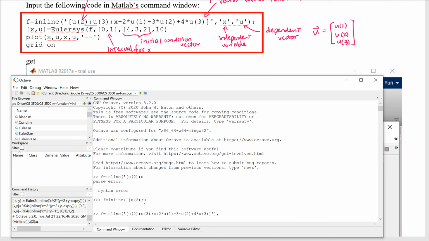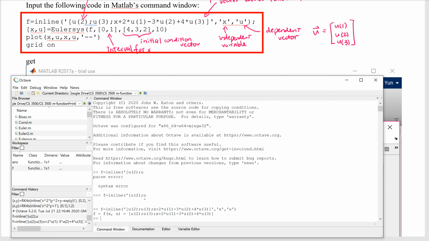Sometimes we have to, I haven't closed it, so don't put parentheses yet. We do comma, and then we have the x and the u. Then now we can close.